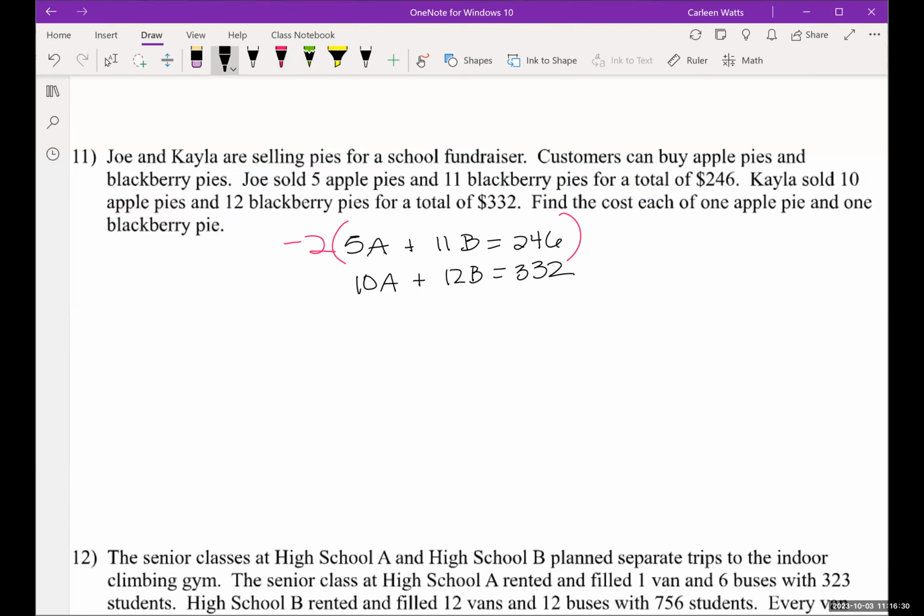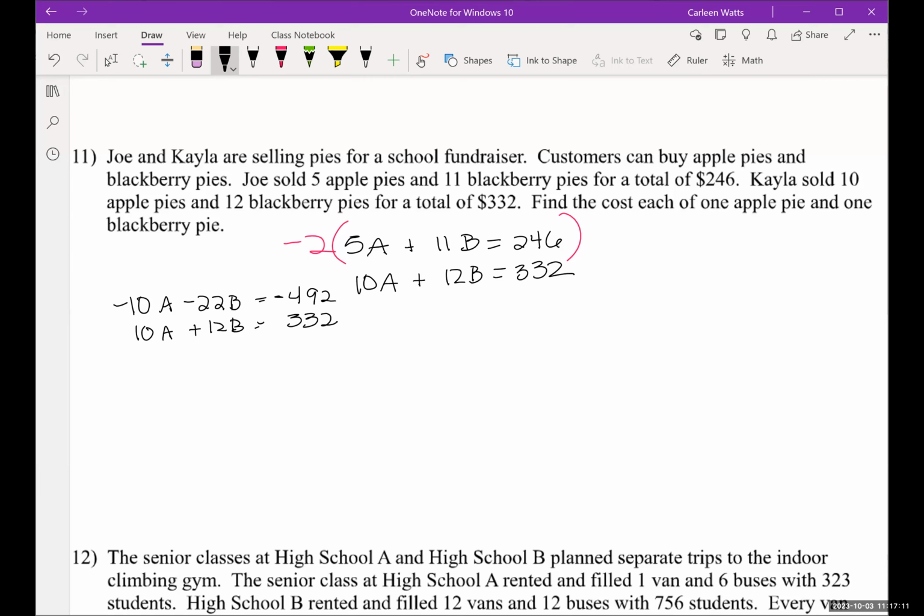Awesome. So we're going to have -10A minus 22B equals, woo, -492. Positive 10A plus 12B equals positive 332. Not bad. These word problems tend to be very friendly.